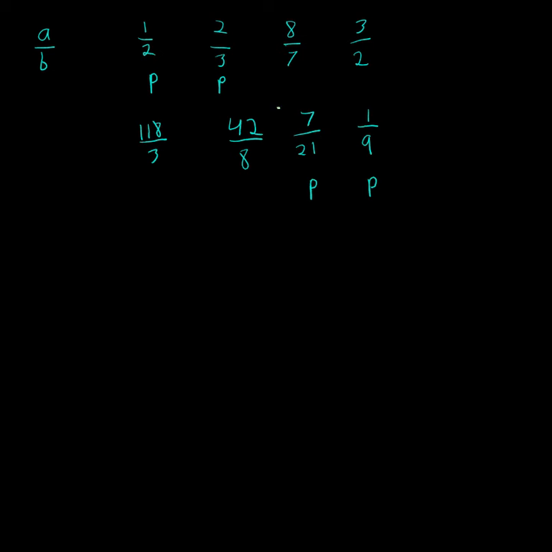These values are all proper. Improper fractions are fractions for which the numerator is equal to or greater than the denominator. So 8/7, 3/2, 118 thirds, 42 eighths are all improper fractions.